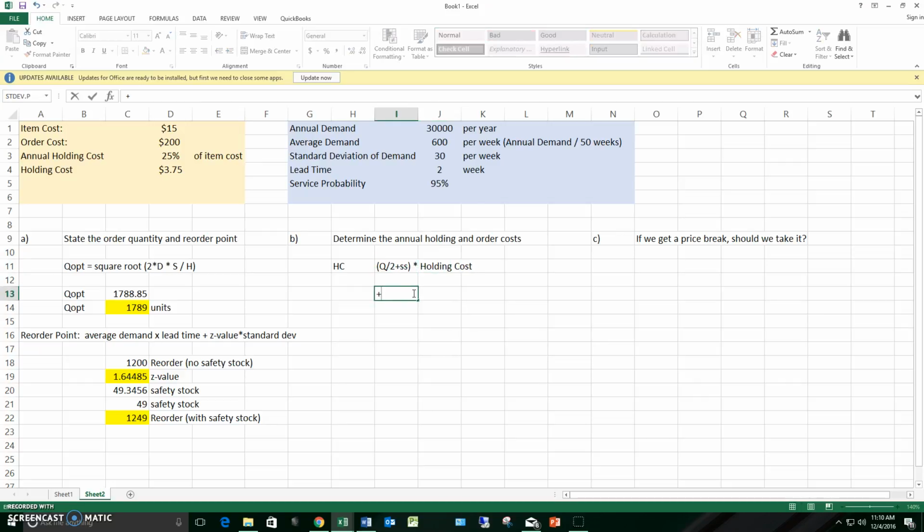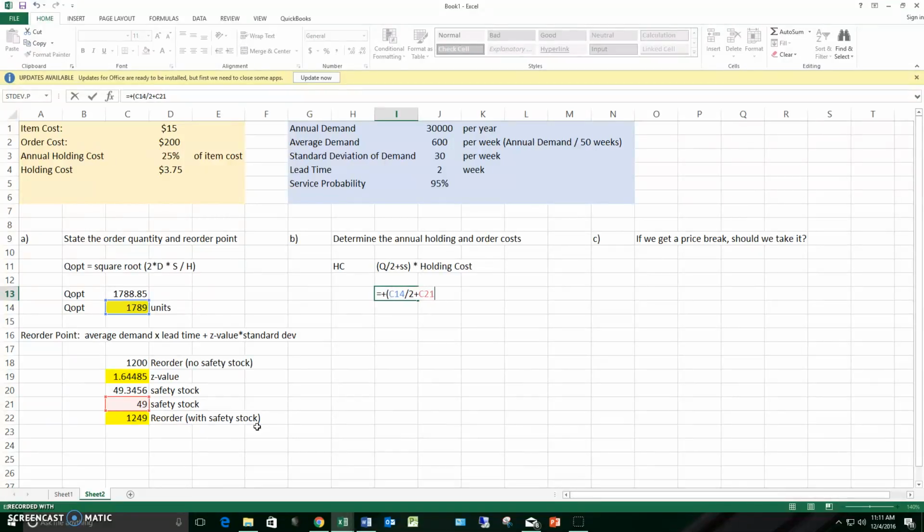So in this case, our Q is 1789 divided by 2 plus our safety stock we calculated at 49 units. That's how many units are subject to the holding cost.